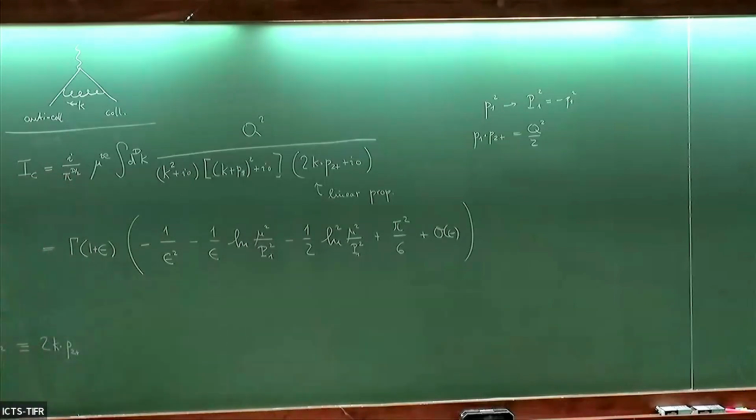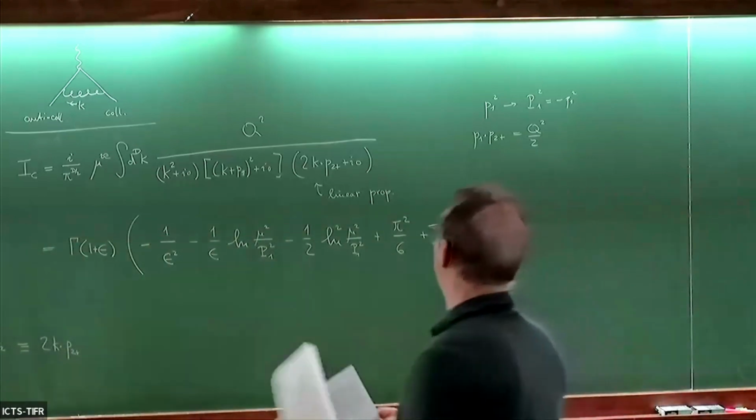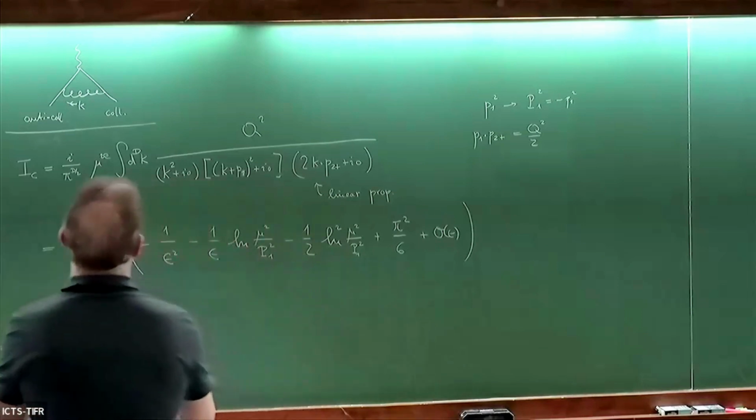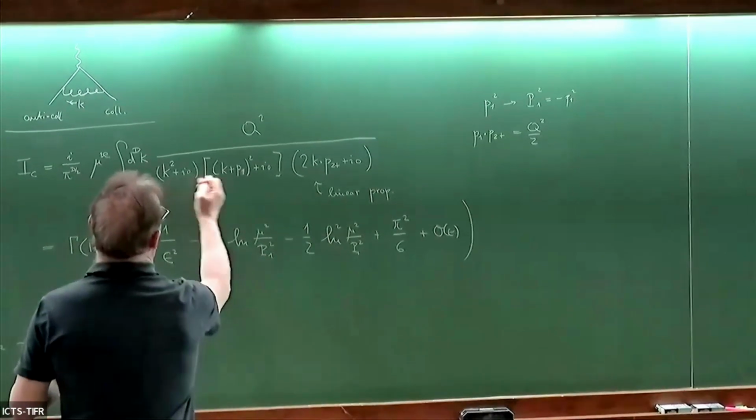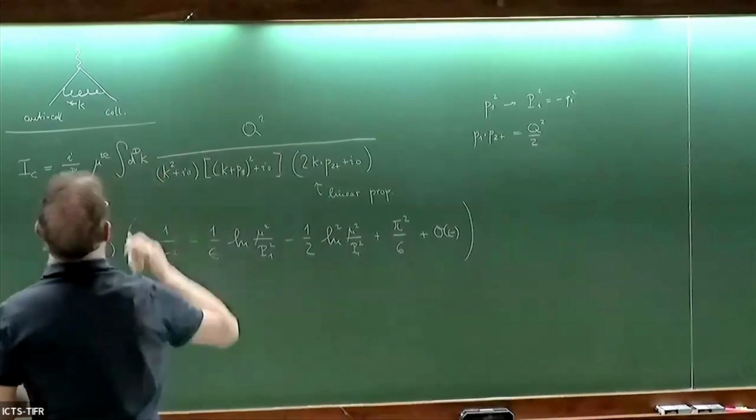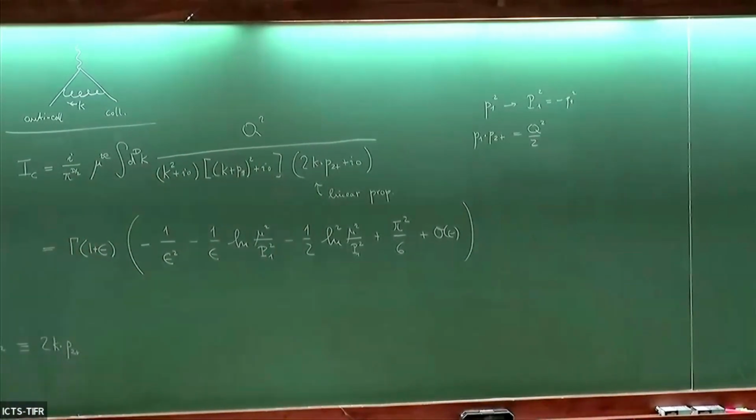That's exactly the way it should be. And again, we see double poles, again of infrared origin, because you see that you have 5 powers of k downstairs, 4 powers upstairs. So it's again infrared singularities of these integrals.